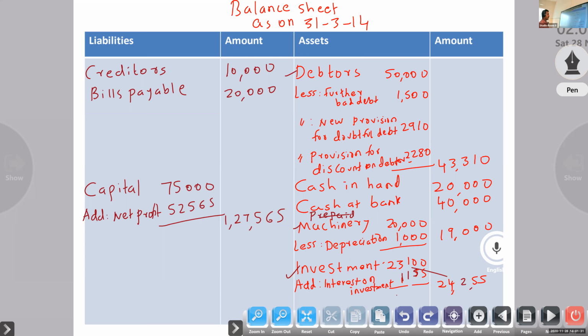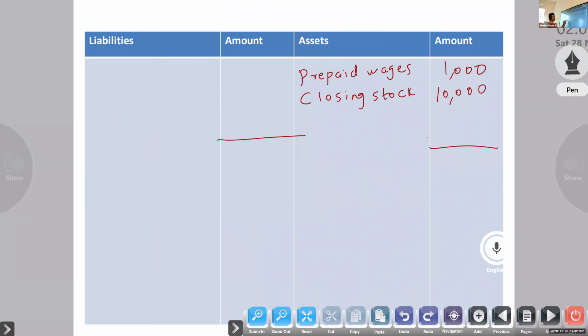Then I have to teach the remaining adjustments. Then only I can continue. Okay? So total 37, 57. So it is easy if you look at the liability side. 1,57,565.